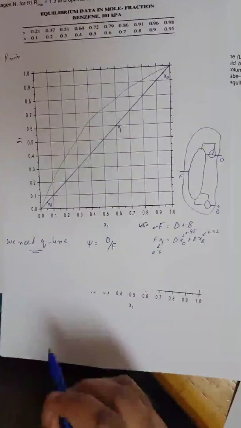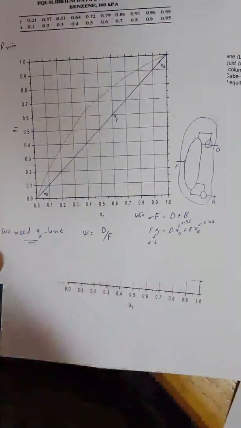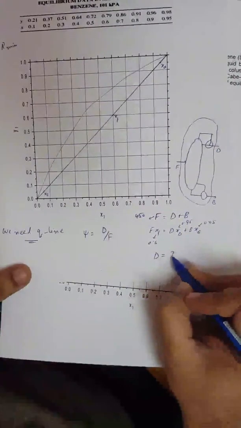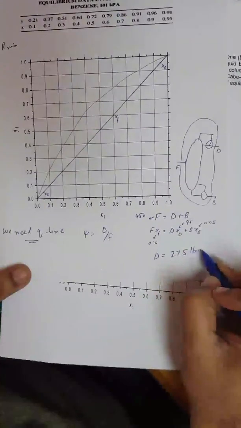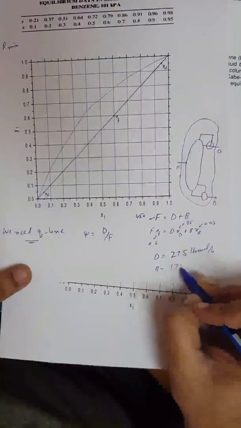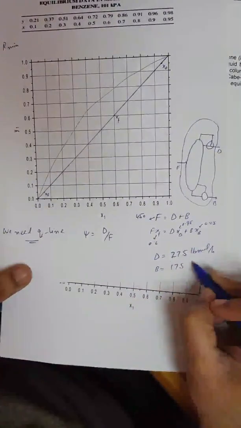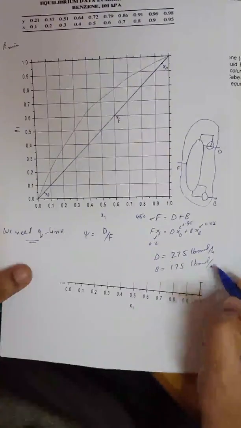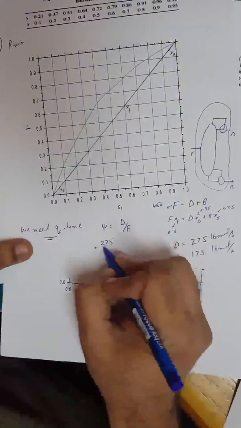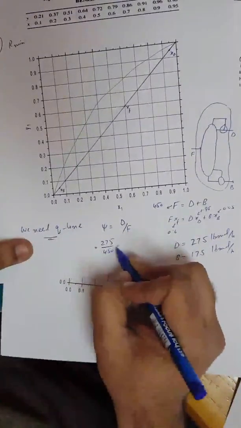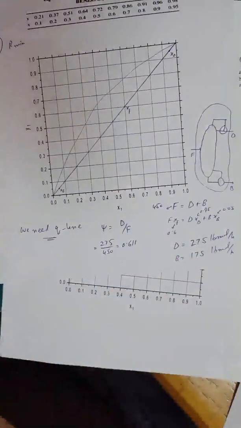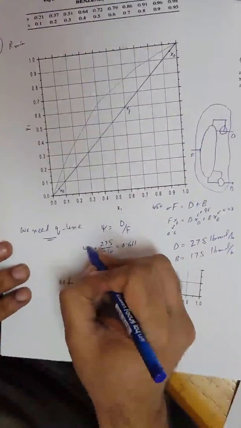If we solve them, D comes out to be 275 pound mole, and B comes out to be 175 pound mole. We substitute this D: 275 divided by 450, and we get about 0.61. So this is our psi value.